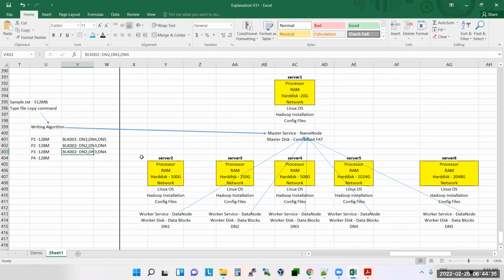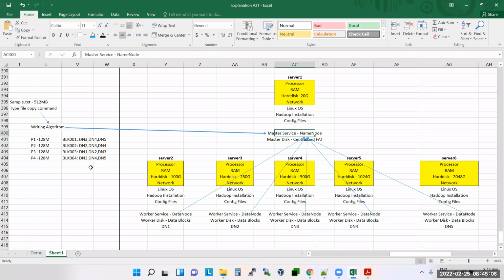The third piece goes to DN1, 2, 3. The fourth piece goes to data nodes 3, 4, 5.